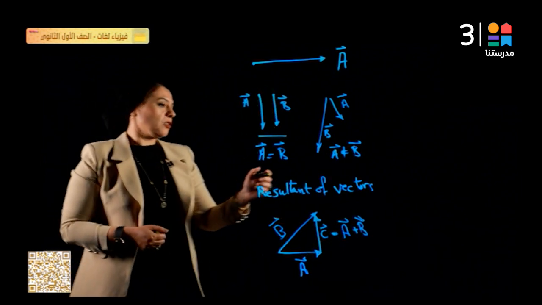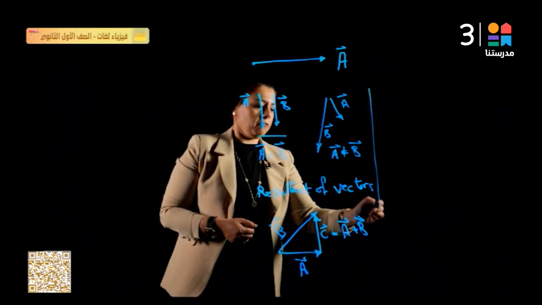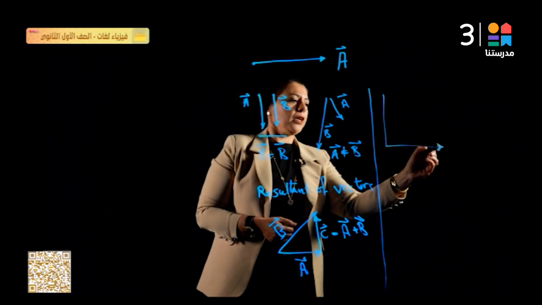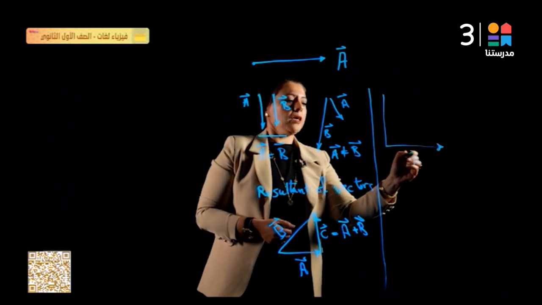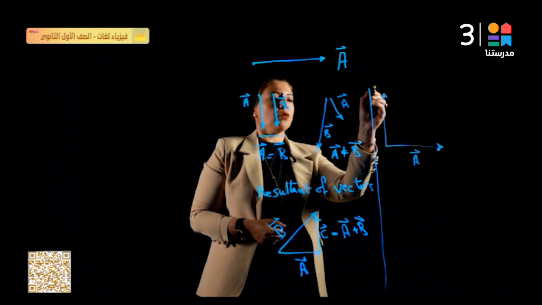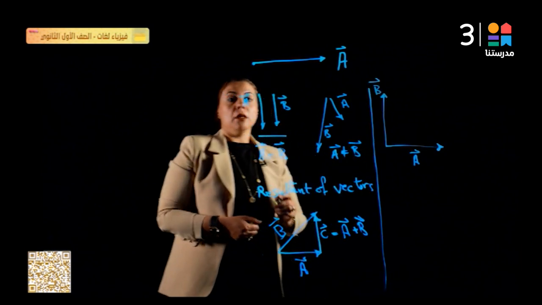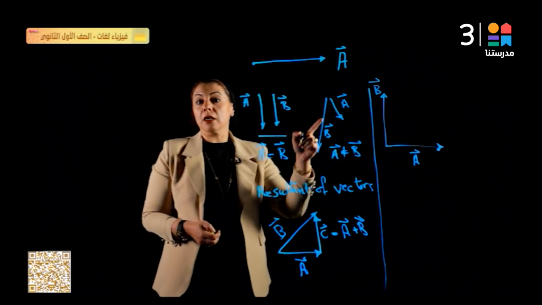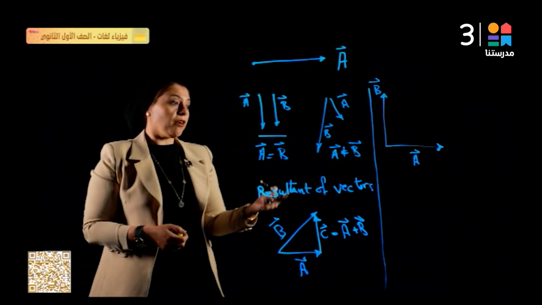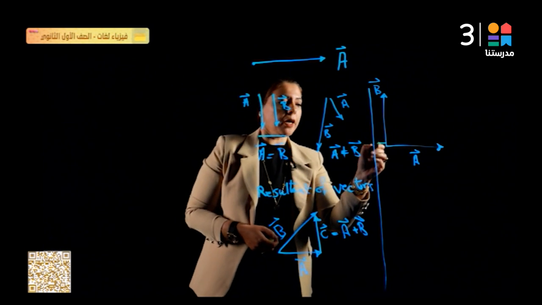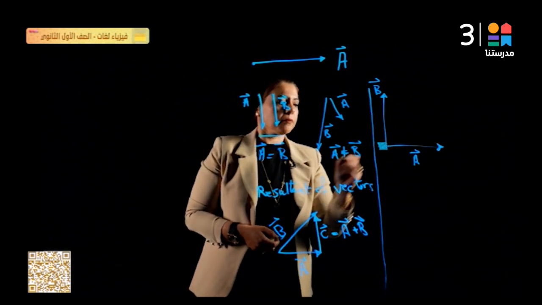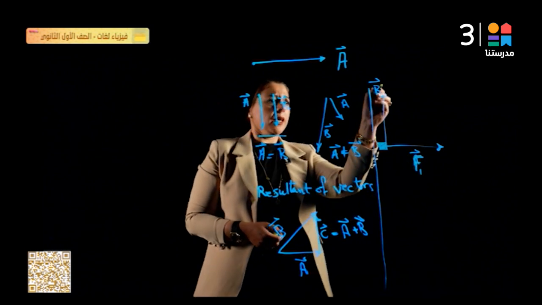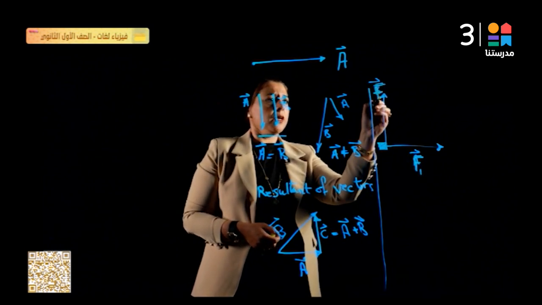If we have two perpendicular vectors, here a vector called A and another one called B, which may sometimes represent a force. If I have two forces applying on an object, we may call them F1 and F2.